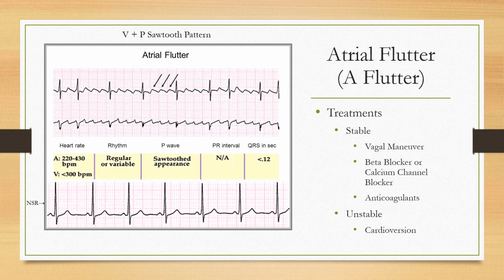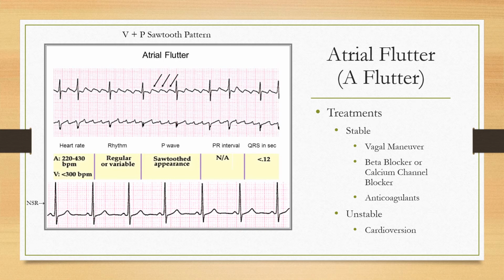Okay, and is there a QRS after every P wave? No. So very distinctive appearance of atrial flutter. They can sometimes be regular QRSs, meaning the AV node is letting, say, 150 of them through out of 300. So it would be what we call a 2-to-1 block, meaning every second beat from the atrium will be allowed to come through.